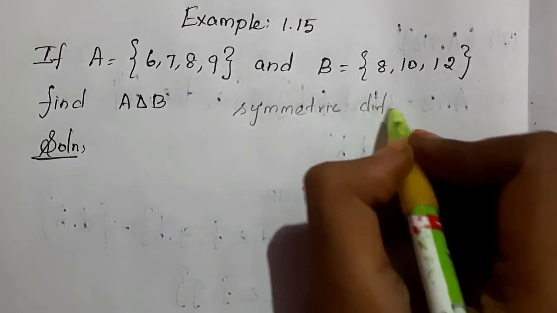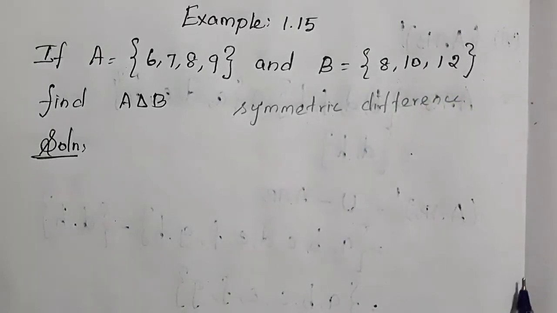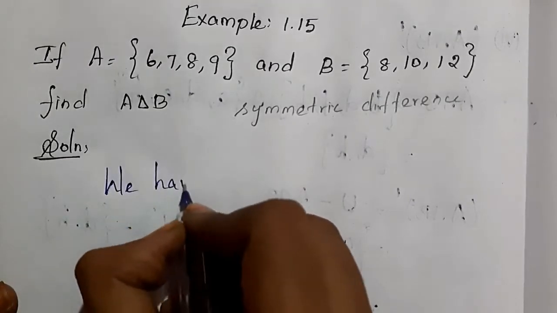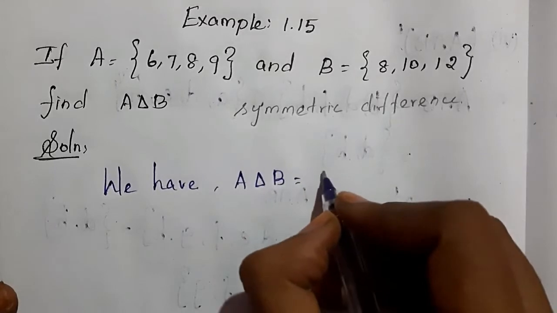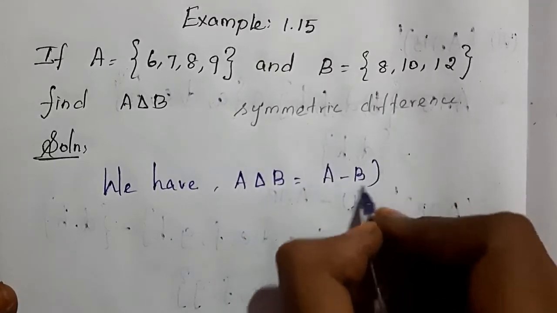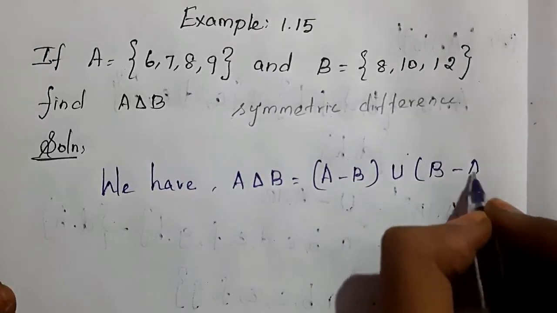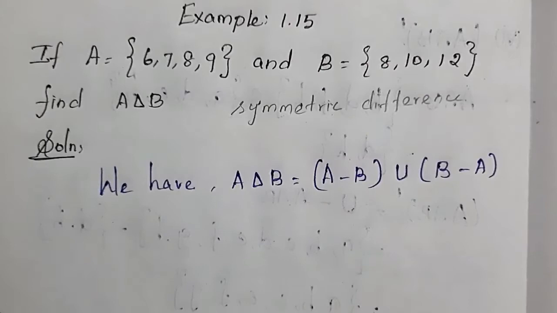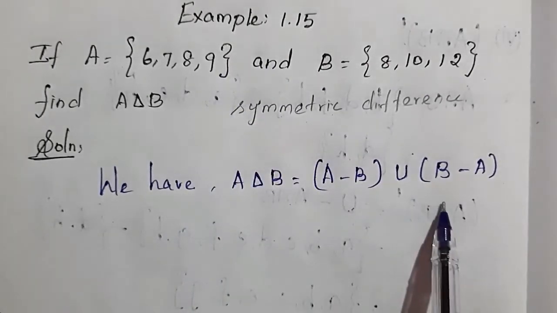The formula for symmetric difference is A symmetric difference B equal to A minus B union B minus A. This is the formula, okay. It is given in the book above this exercise 1.5. You have to know this.